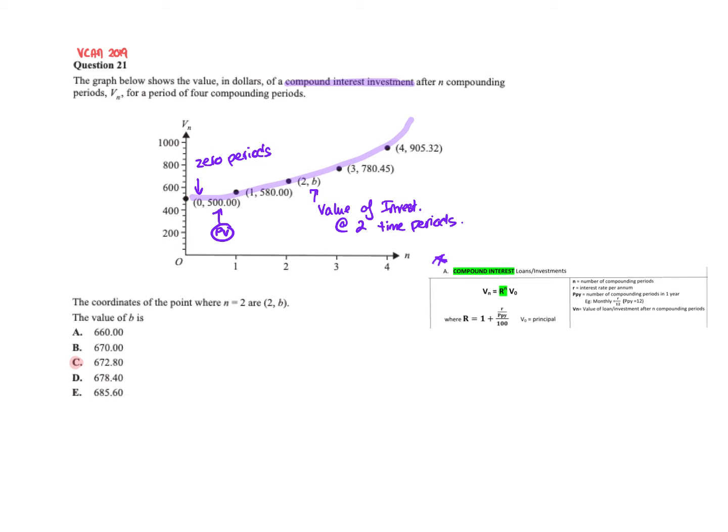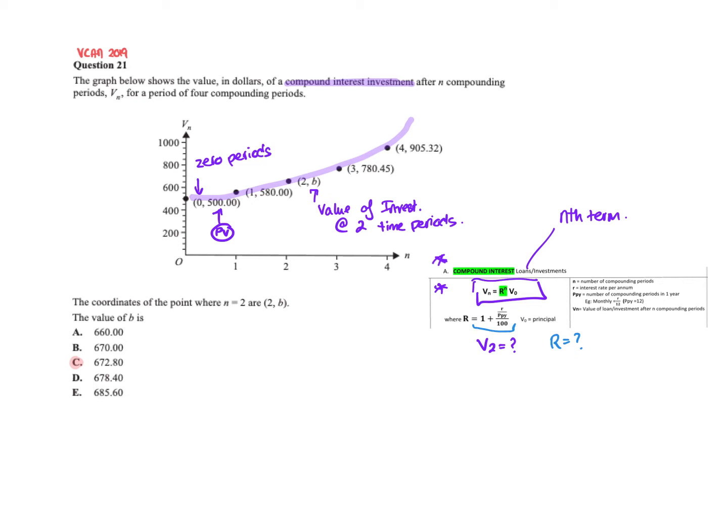If you look down here at the compound interest formula, this is the nth term formula, and I want V2, but you've got to use that R, and I don't know what that is.